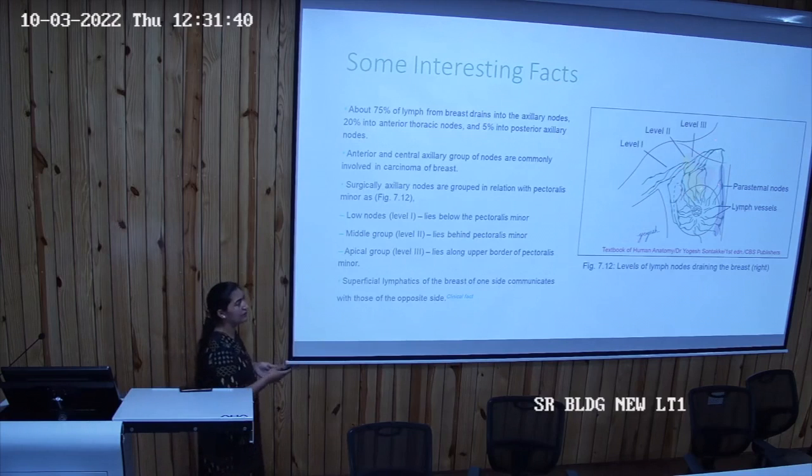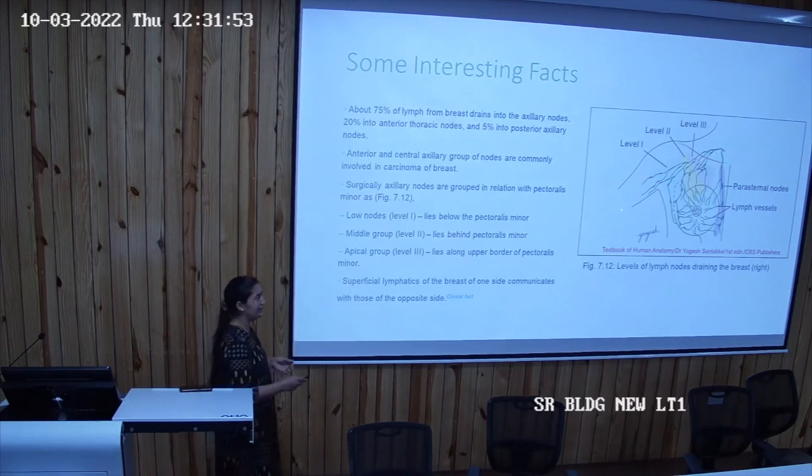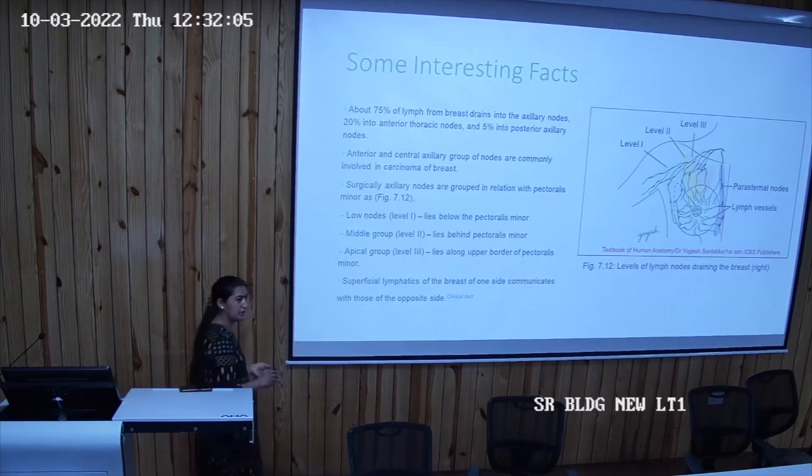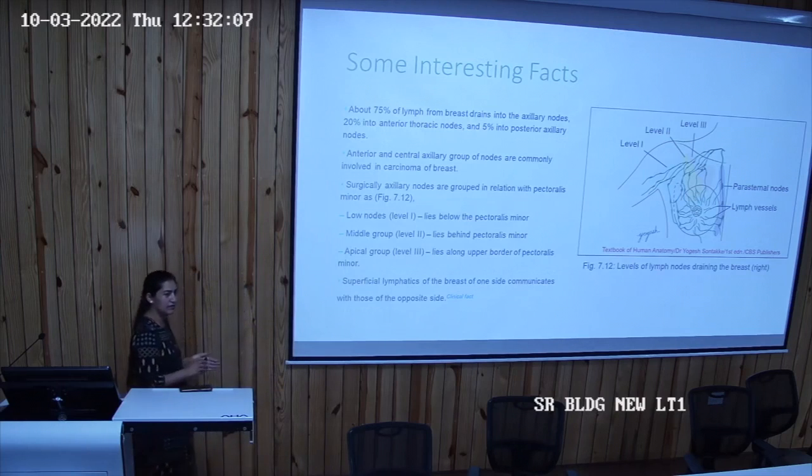Similarly, the group of lymph nodes are divided into levels 1, 2 and 3. The axillary artery parts are numbered from the medial side, 1, 2 and 3. The level of lymph nodes is numbered from the lateral side to the medial side, level 1, level 2 and level 3.